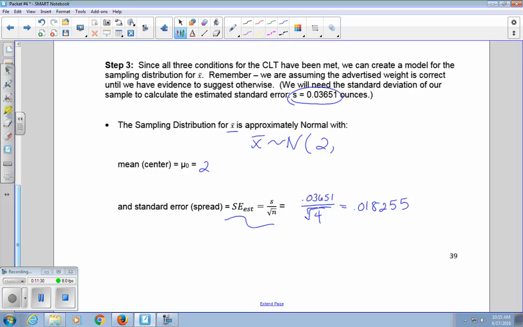Okay. So we say that our sampling distribution is approximately normal, centered at 2 and has a standard error of 0.081.